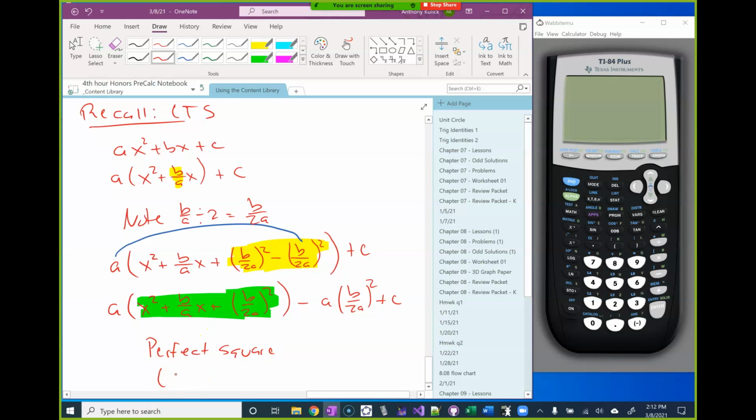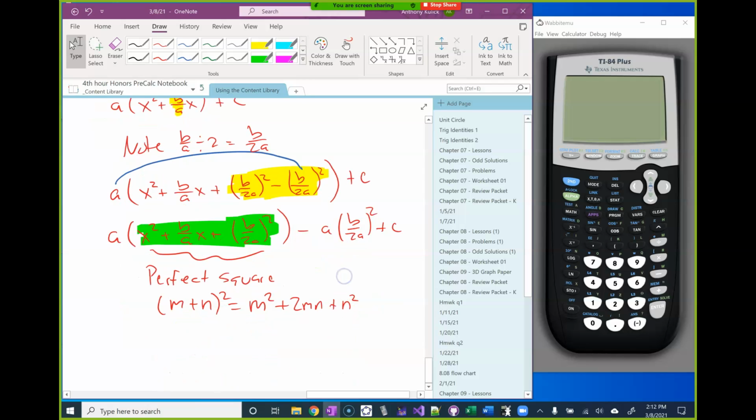So you remember, let's use letters that we haven't used yet. How about M and N? So this piece in green, by definition, is a perfect square.